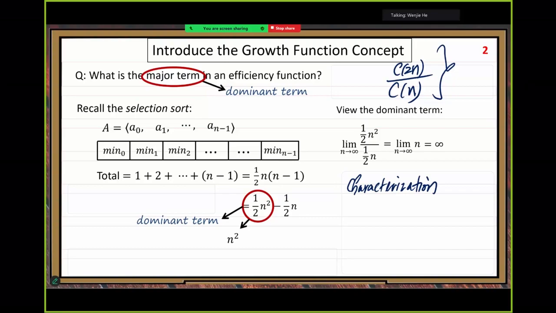So we use it to define different categories of efficiency functions.